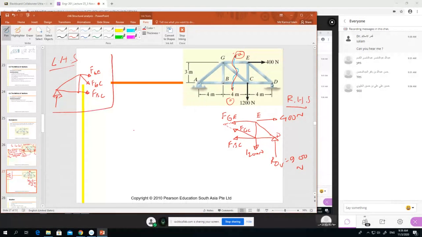We forget this for this time, and if we go to the left hand side, now yesterday maybe I asked you what this angle is, and someone has told me already. We assume theta is this angle. So what will be our theta angle?